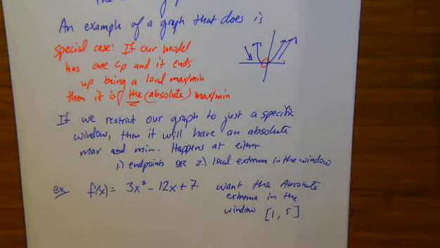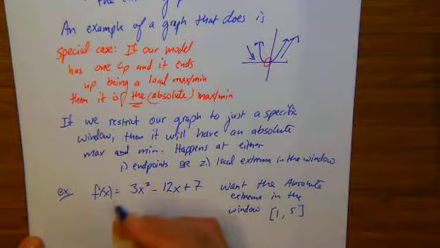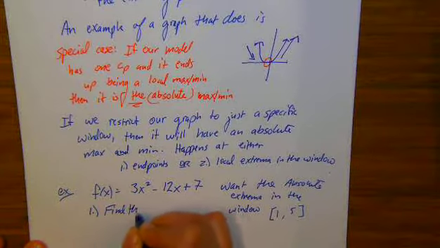Okay, so we know that absolute extrema are either going to be at the endpoints or at one of the local extrema in the window. So to get the answer, all we need to do is find out where I could possibly have local extrema. It would have to be at a critical point. So the first step is find the critical points.